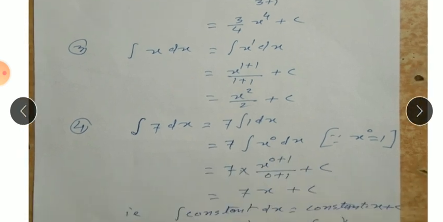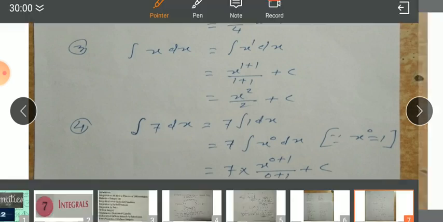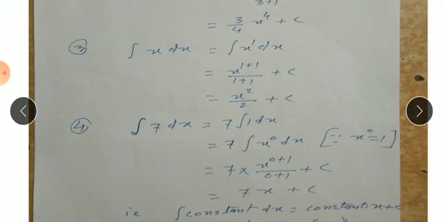Refer to the next example, integration 7 dx. 7 is a constant, and a constant is outside the integration. Now we can write 7 times integration 1 dx. Integration 1 can be replaced by x raised to 0, since we know that x raised to 0 is equal to 1.